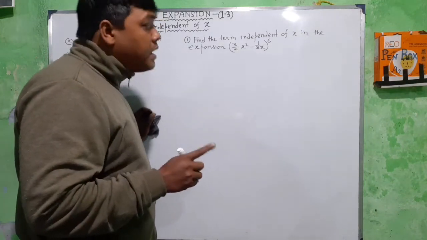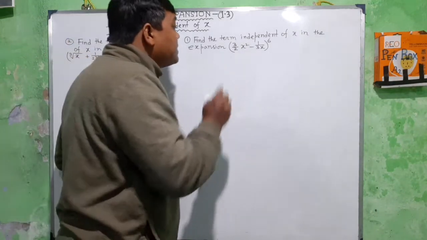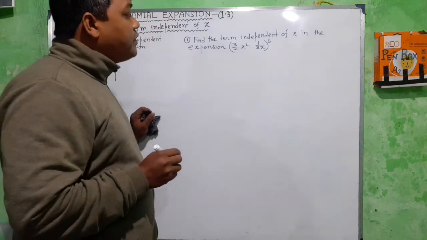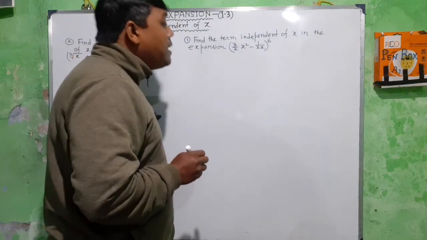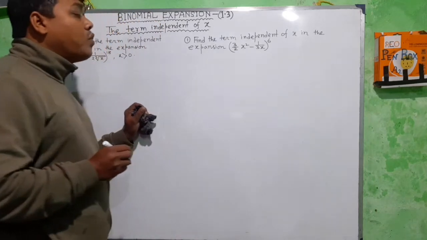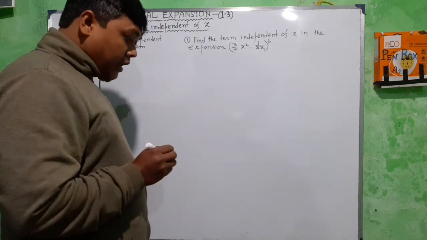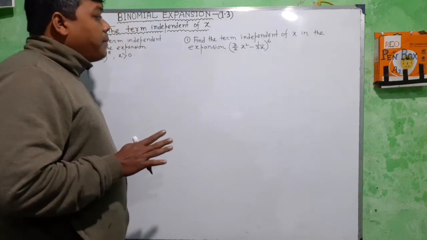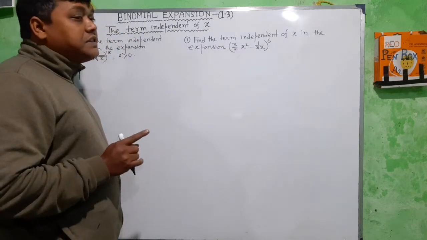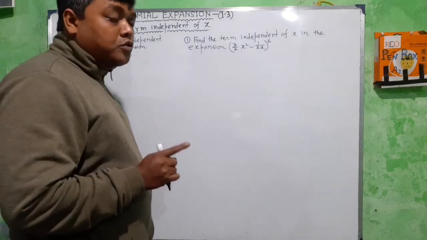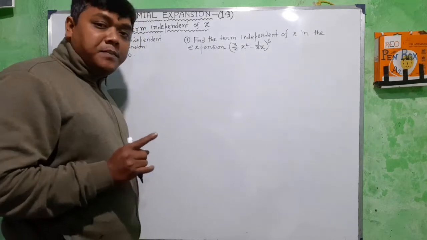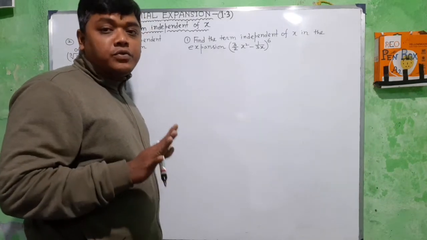Find the term independent of x in the expansion of (3/(2x²) − 1/(3x)) to the power 6. So I have to determine the term which is independent of x. Which term is independent of x, I don't know.